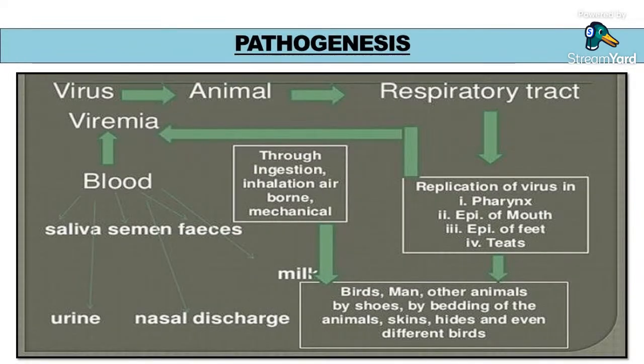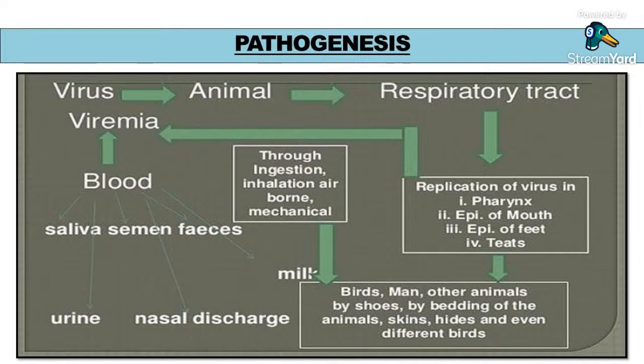Now the pathogenesis through which the disease spreads: the virus gets entry into the animal, then into the respiratory tract of the affected animal, and the main replication of the virus occurs in the pharynx, the epithelium of the mouth, the epithelium of the feet, and on the teats. Inside the teats, the main replication occurs. Whenever there is replication, there is multiplication of the virus.